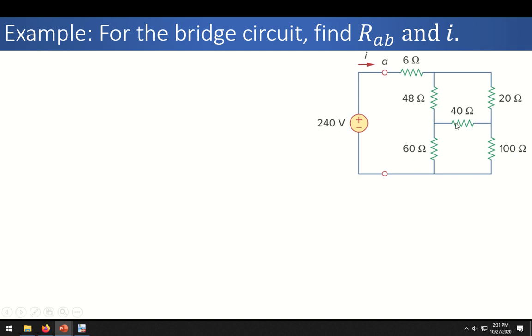This is a delta, that is 60, 40 and 100 ohm form a delta. Also there's another delta network here, that is 48, 40 and 20 ohm resistance, and we also have a Y network, that is 20, 40 and 100. This is a Y network or star network, or we have another network that is 48, 40 and 60 ohm resistance. This is also a Y network.